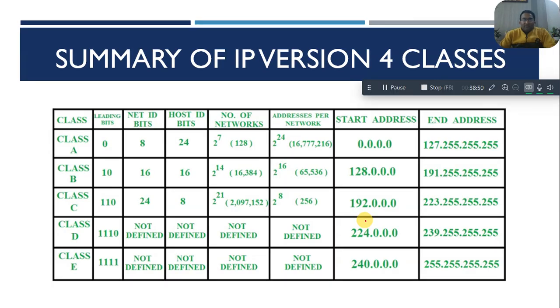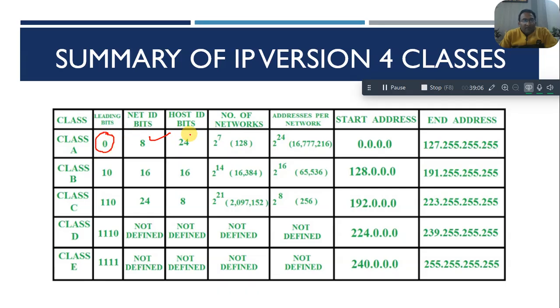Now let us have a summary of IPv4 classes. Class A: the network ID is given by a total of 8 bits, and it is identified by the first octet having a 0.